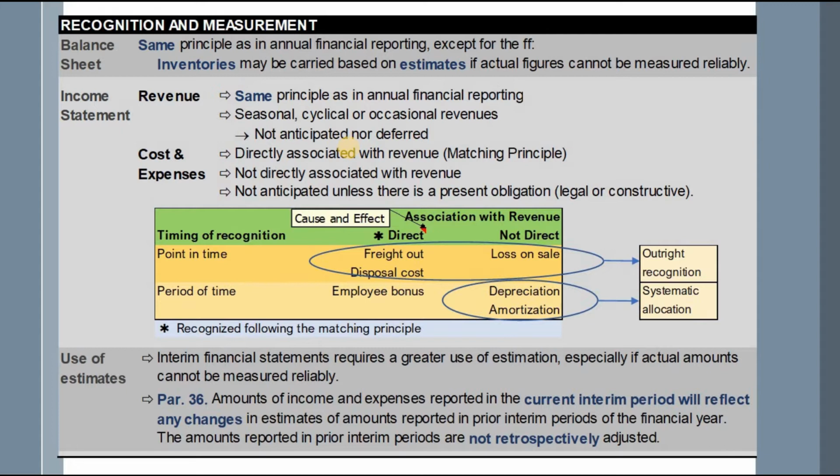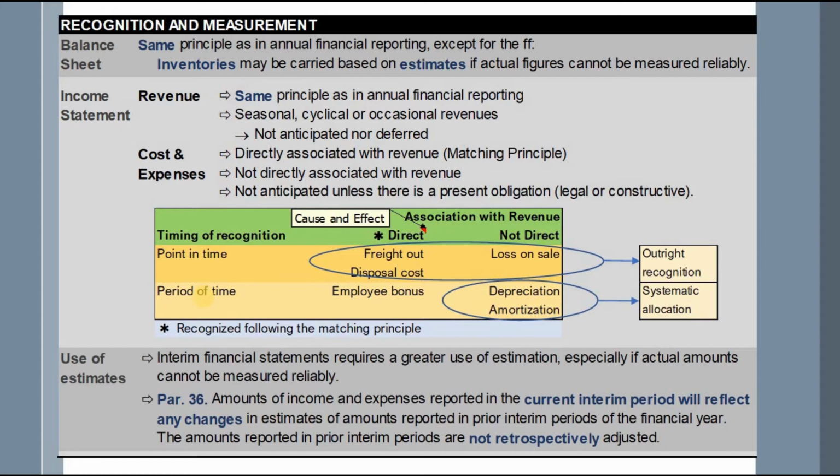So whether such cost and expenses is directly related or associated with a revenue, or the cost or expense is not directly associated with a revenue. So the cost and expense can be classified into two. So those are the costs and expenses that must be recognized at a point in time, which means it should be recognized on a specific date, or the costs and expenses that must be incurred or recognized during a period of time.